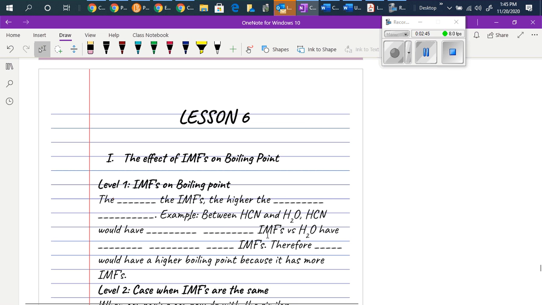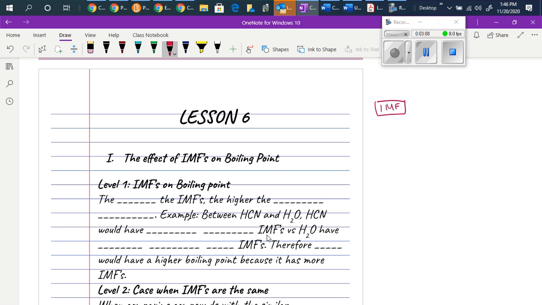We've said that intermolecular forces are forces between molecules. So what is happening when we boil a substance is that we are breaking the bonds between molecules.